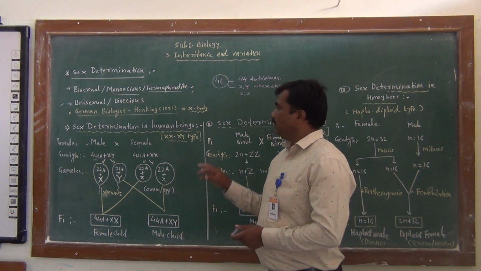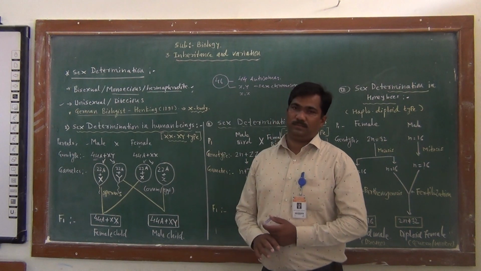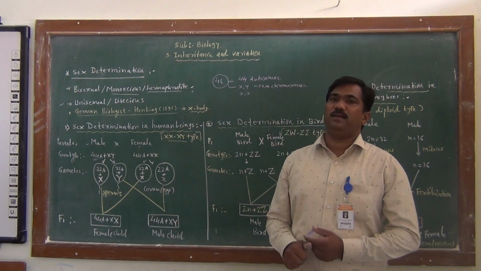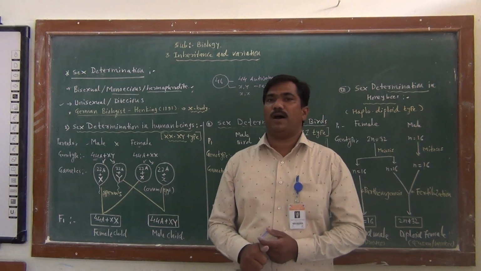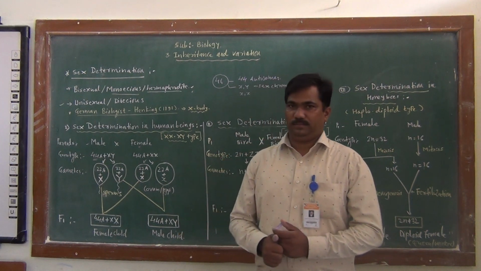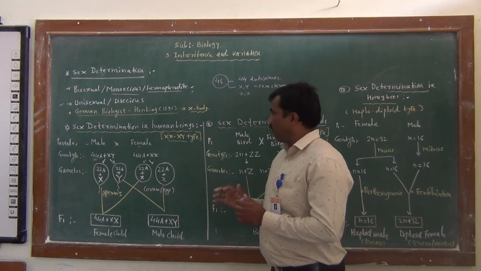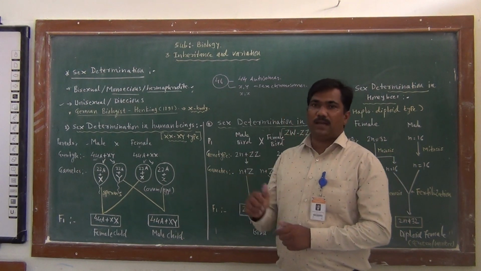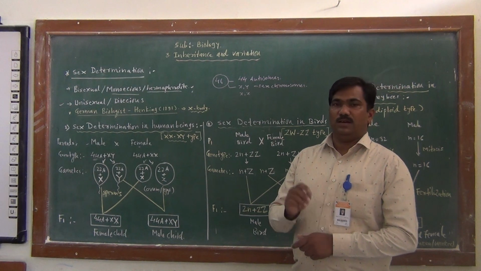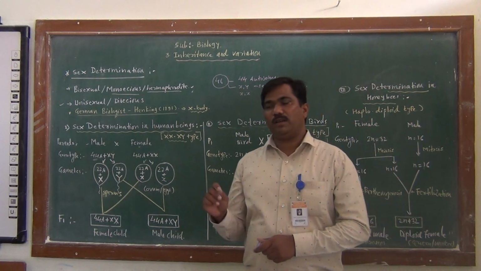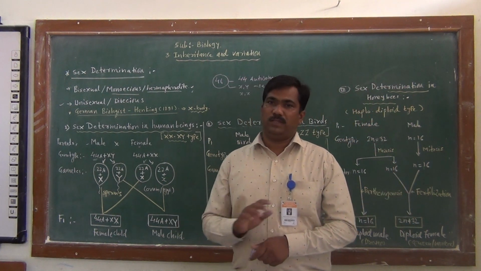So in a human being, the sex of the child is determined by the male individual. Therefore, we say the father is responsible for determination of sex, not the mother.